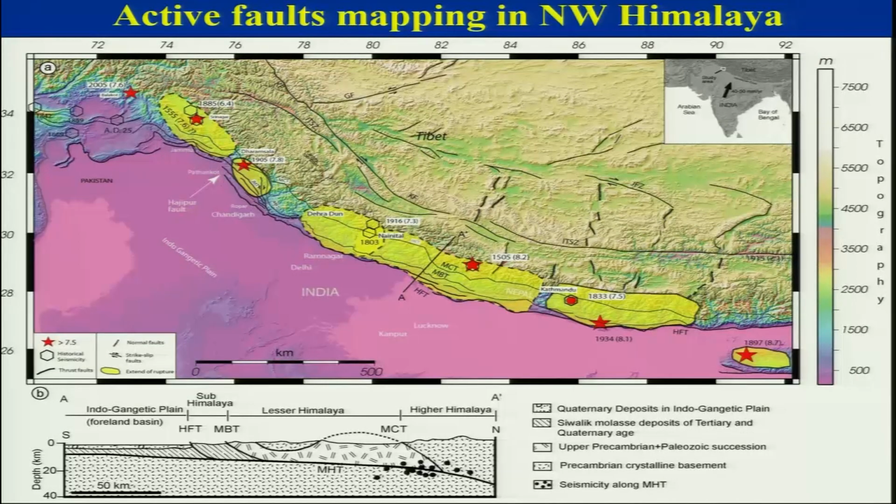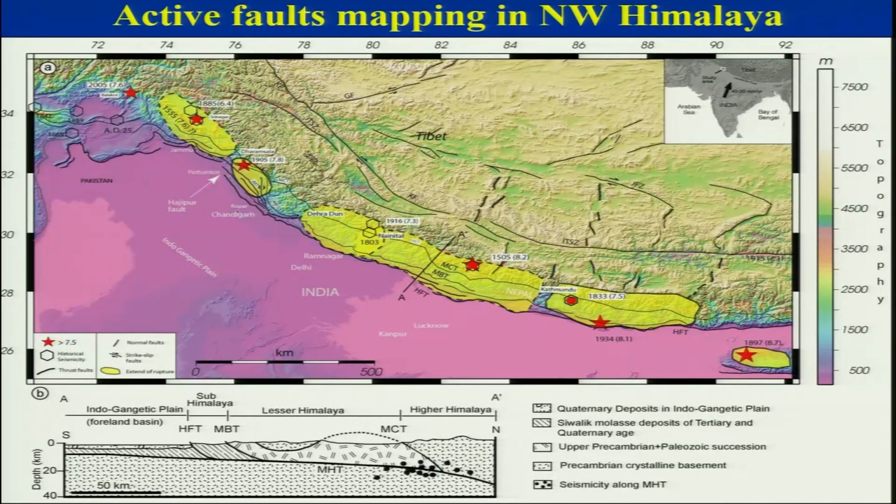So slowly we will move towards the part of paleoseismology, but before we get into that, the most important thing for us is what is the pattern of distribution of earthquakes in this region. That is the important one.